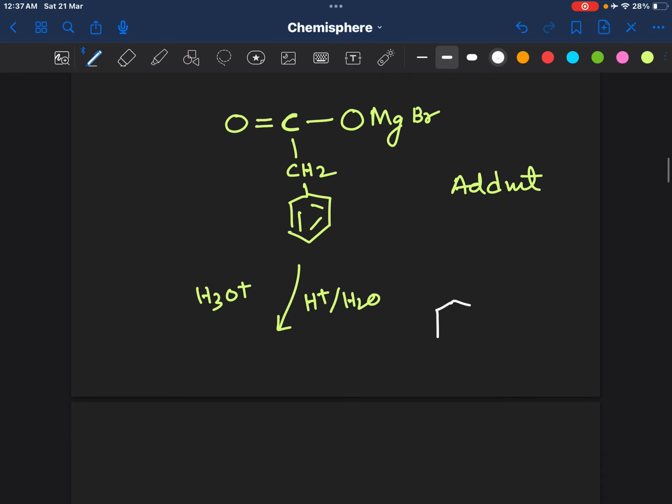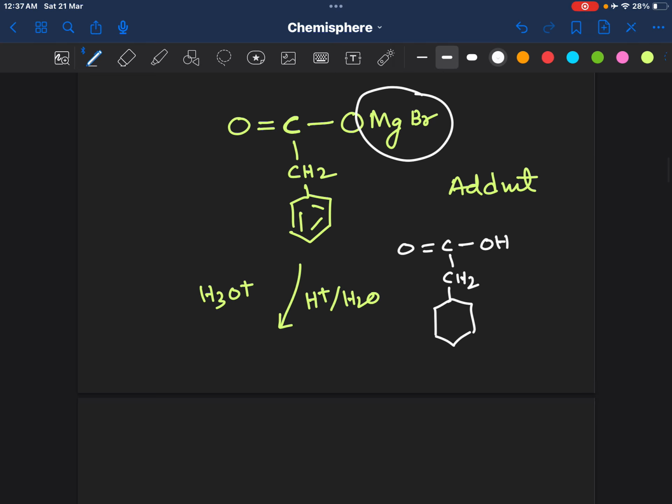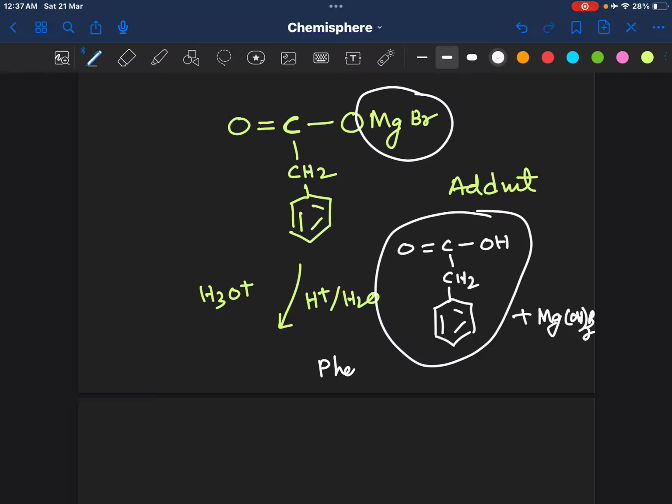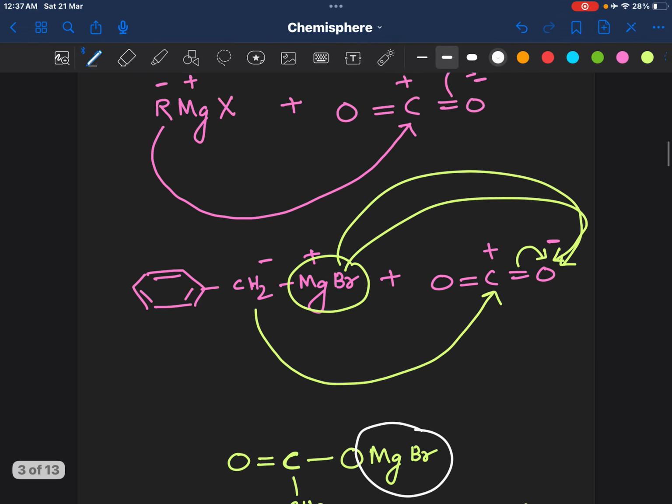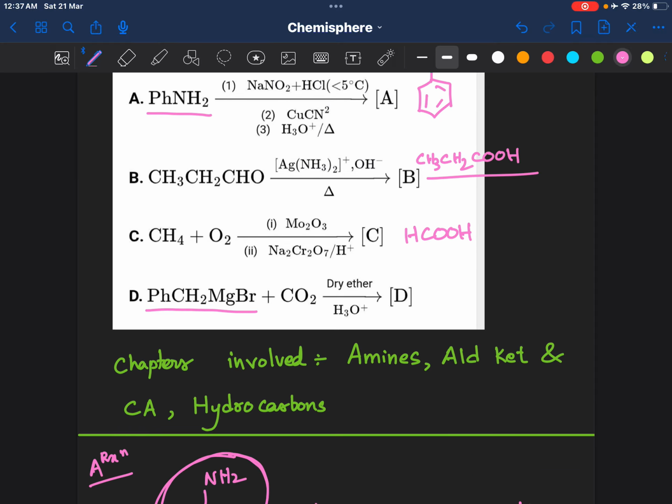So we get this CH2, C double bond O and OH, and this part becomes plus MgOHBr. Okay, so this is known as phenyl acetic acid. So therefore we have found out what are all the carboxylic acids that we need to compare their acidity.